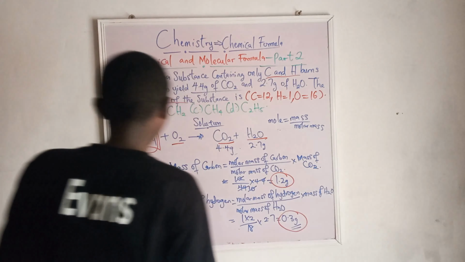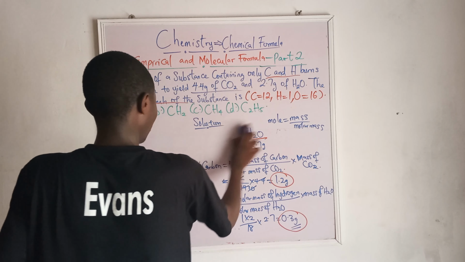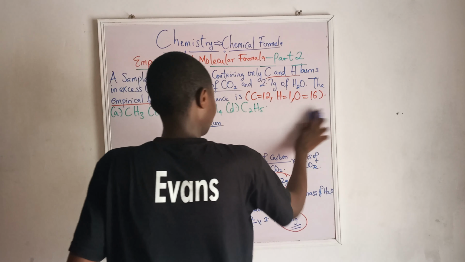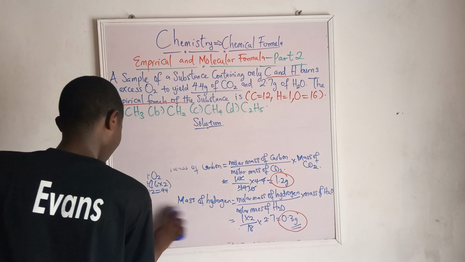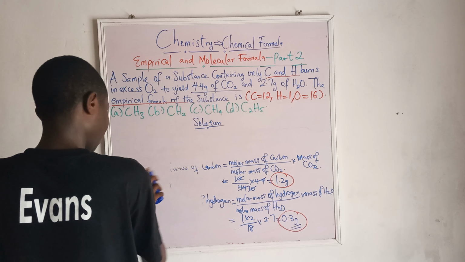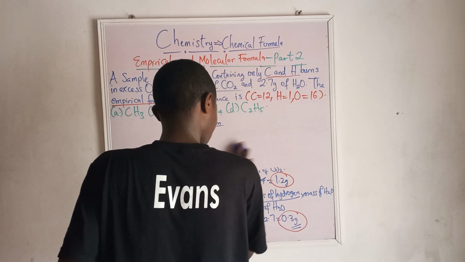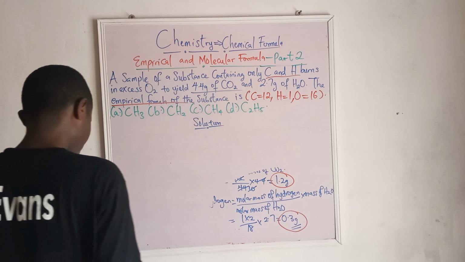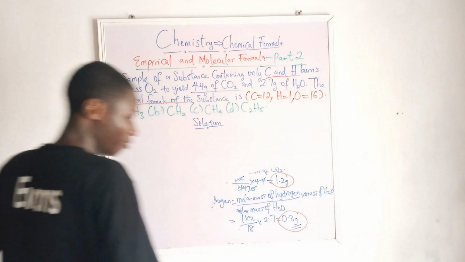So let me rub the board. We don't really need this again since you have gotten the mass. I don't really want to rub everything, let me just rub it strategically. So don't forget, your mass of carbon is what? 1.2. Let me just write it up.